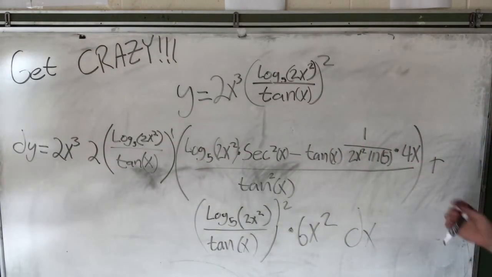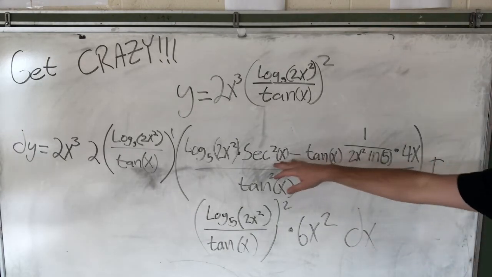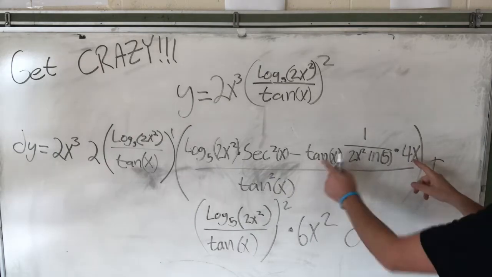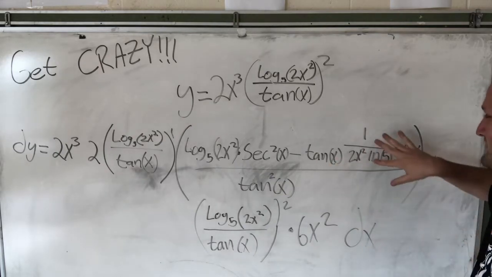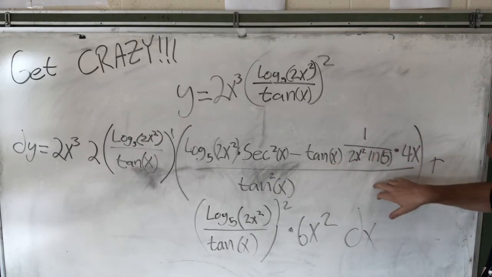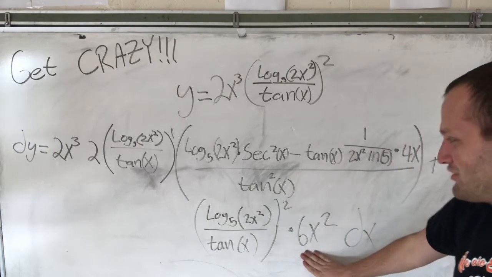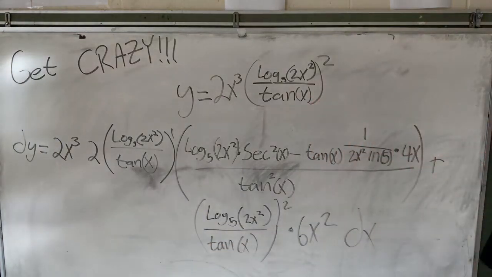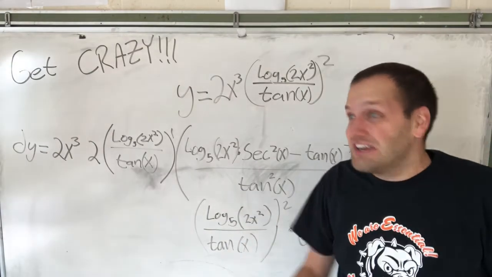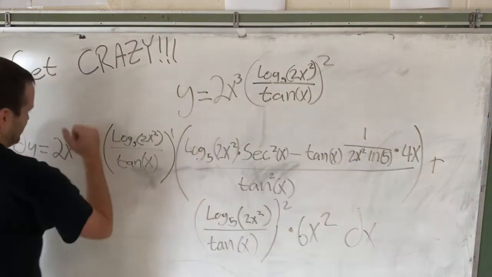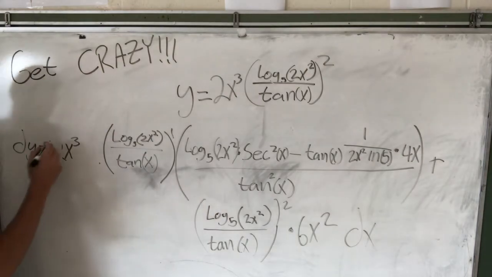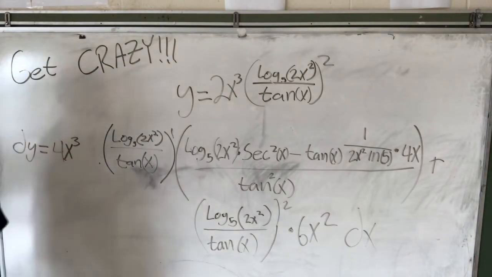Sometimes to make it look nicer, you would put the 4x in front of the tangent. You'd have the tangent trig functions at the end, so like the 4x and the tangent would switch places. You could potentially do something to get that down below. I wouldn't touch it. Here, same thing, you might move the 6x squared in front, but it's technically not wrong where it is. Honestly, the only thing you can really do is 2 times 2 is 4. That's the only way you can simplify this.